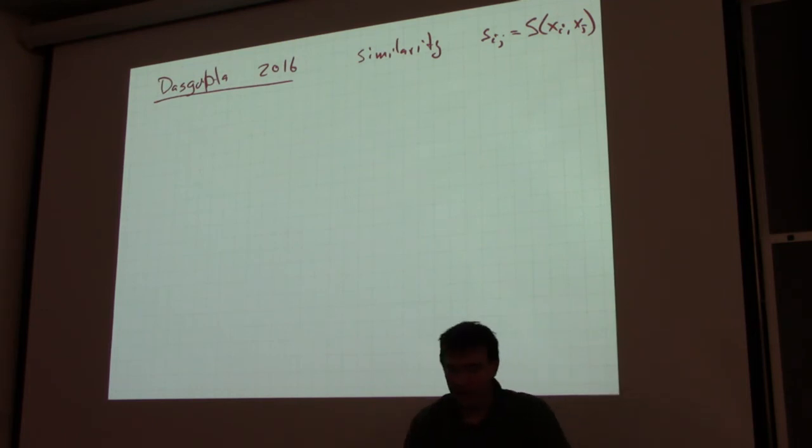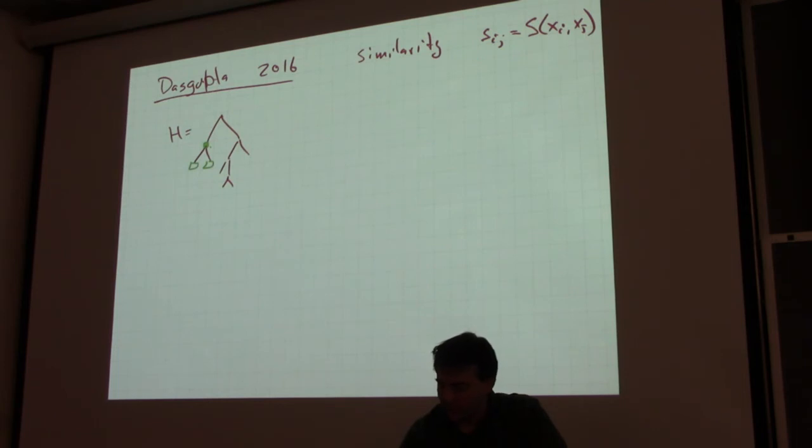Then his paper defined some overall objective for a hierarchy. A hierarchy is going to look like one of these binary split diagrams, where I can define a cluster here, and that contains all of its leaf nodes.